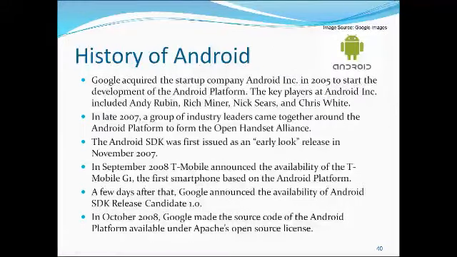So that's a short history of Android in terms of how it got started. And the first Android SDK was made available in November 2007, shortly after the iPhone made its debut.